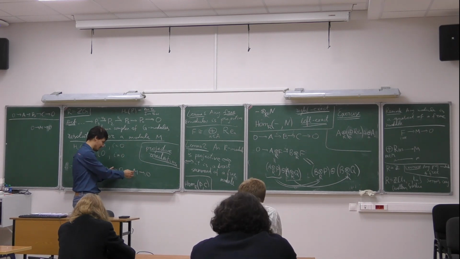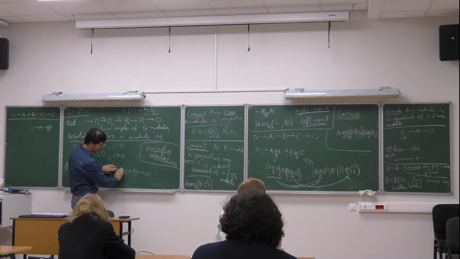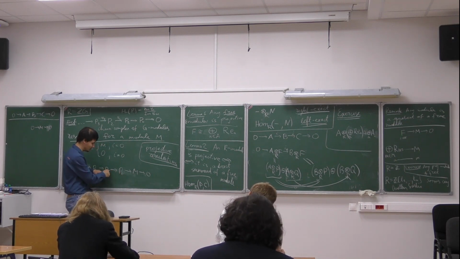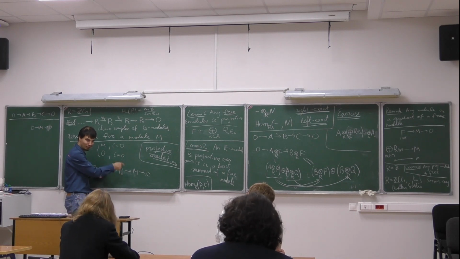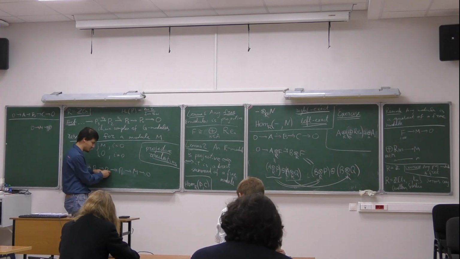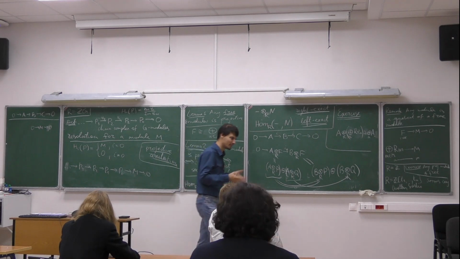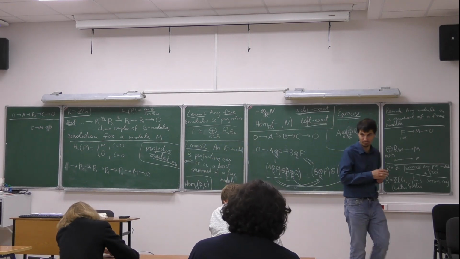This map has some kernel. We would like to kill this kernel. So we can construct a free module which maps surjectively onto this kernel, again by taking all the elements of the kernel as independent variables, and so on. And of course, we are always able to get a free resolution.